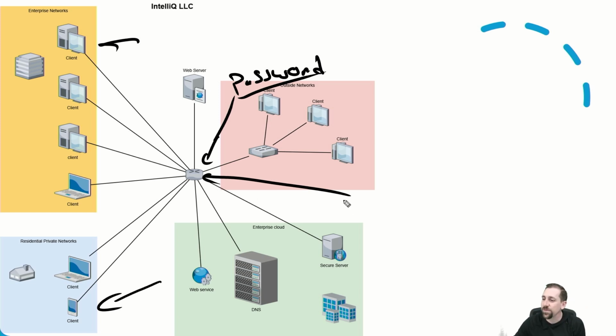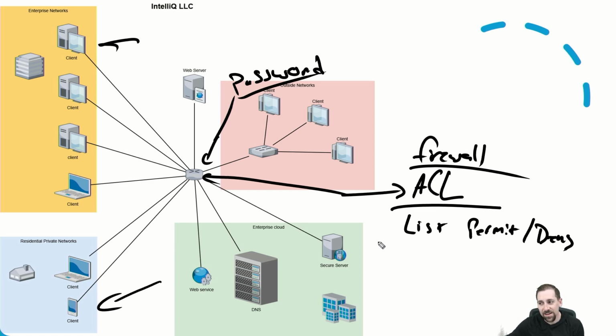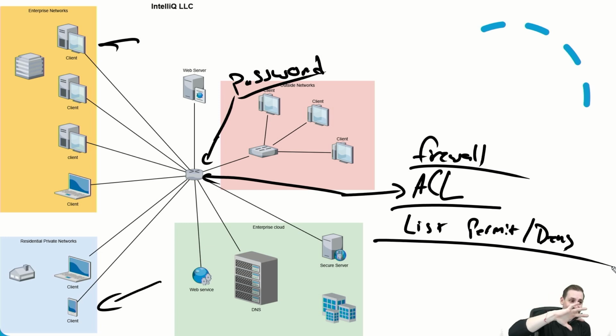Another good example would be something like an access control list on a firewall. An access control list is a list of permit and deny statements that's implemented in software that says, hey, this type of traffic with this source and this destination and this TCP packet type or this TCP flag should be allowed through.